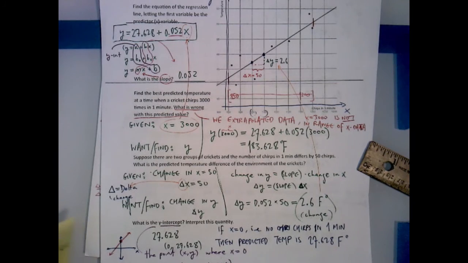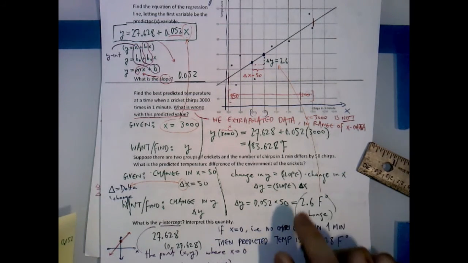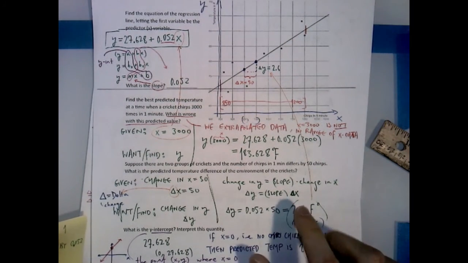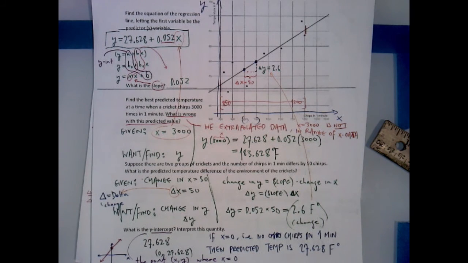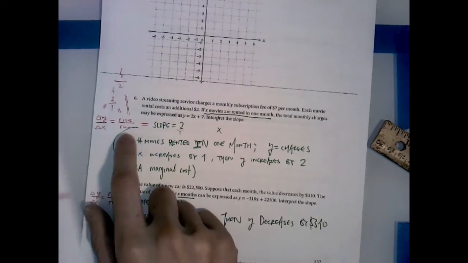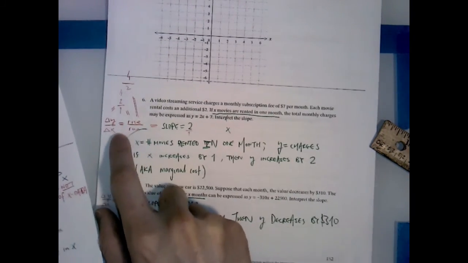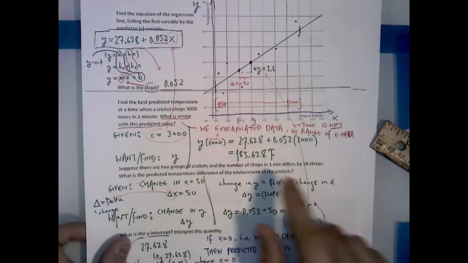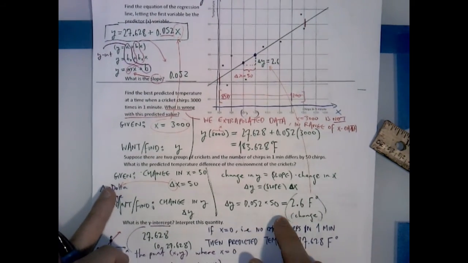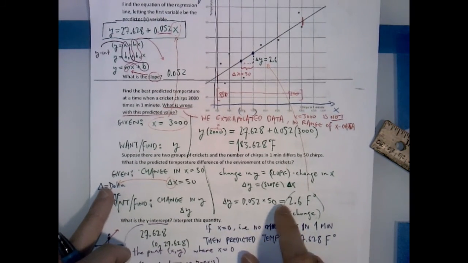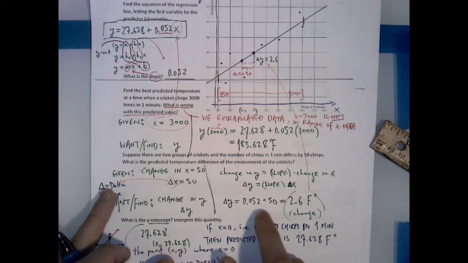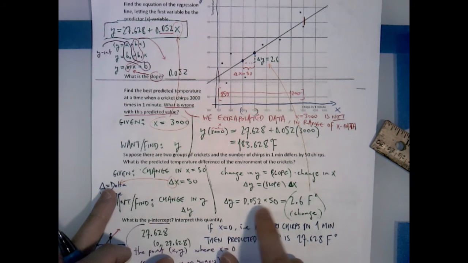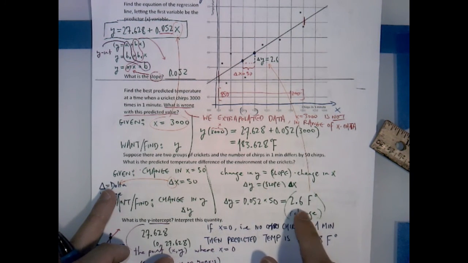Okay, we're back. As we wrote down several times today already, the slope is rise over run, delta y over delta x. If you multiply the delta x to the other side, you get that delta y is equal to the slope times delta x, which is 2.6.